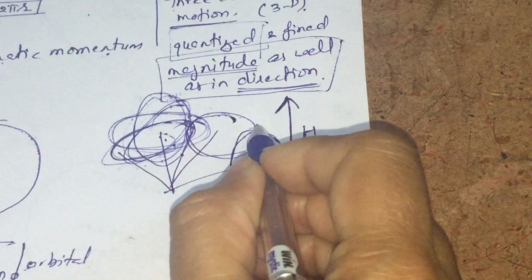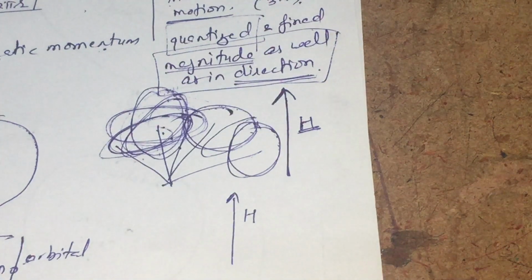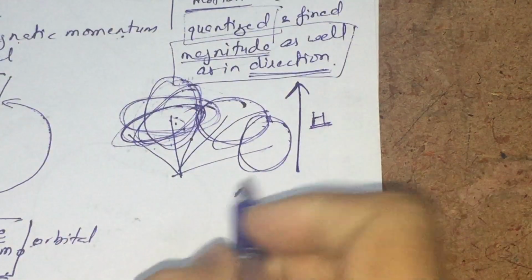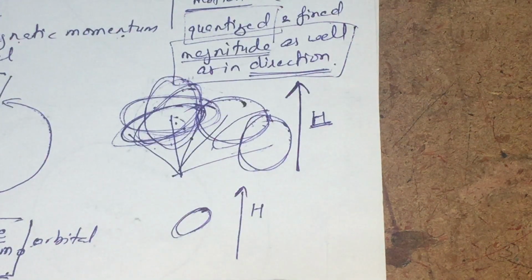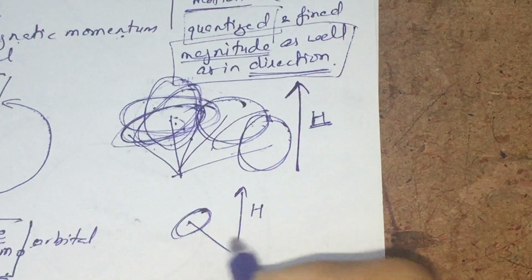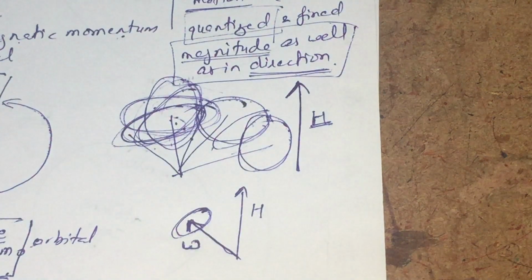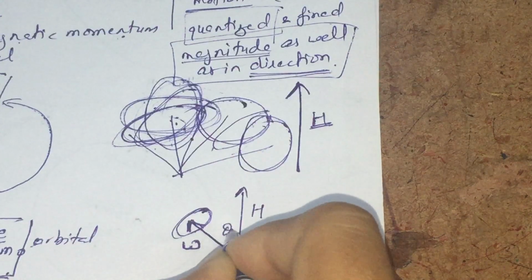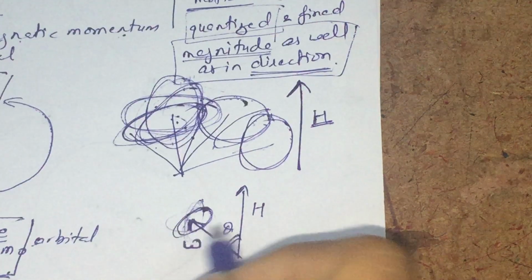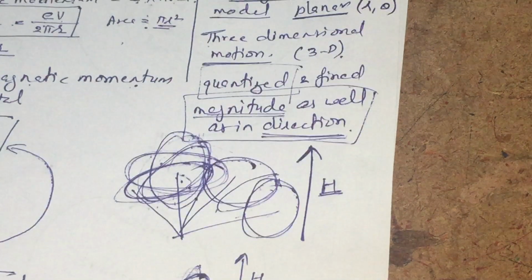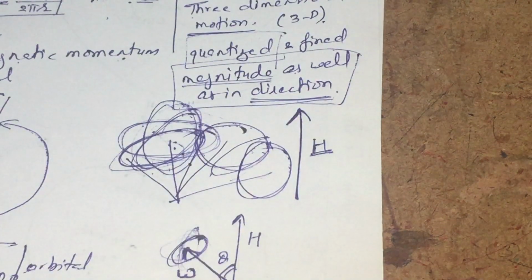Let us consider this is our applied magnetic field along the z-axis, and the electron is moving in one of the elliptical paths in three dimensions, and this is the direction of our angular velocity omega, making an angle of theta. We don't know whether this omega is for this path or this path. We are only finding out that the electron is moving in one of all these many infinite choices.